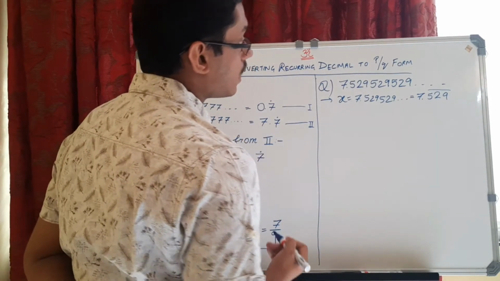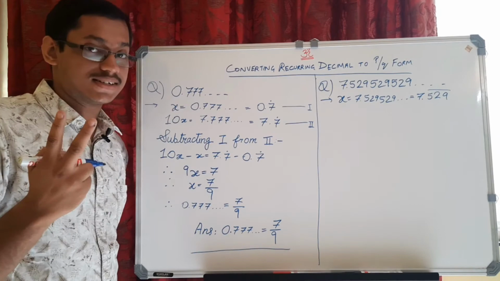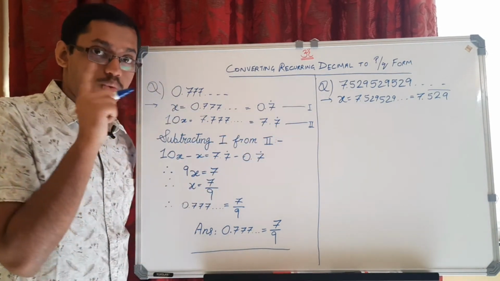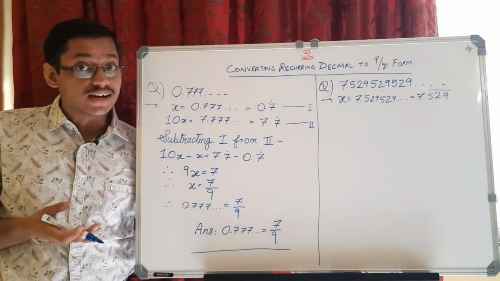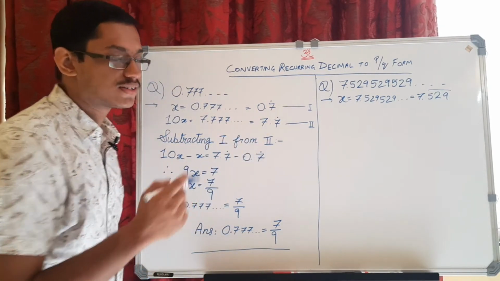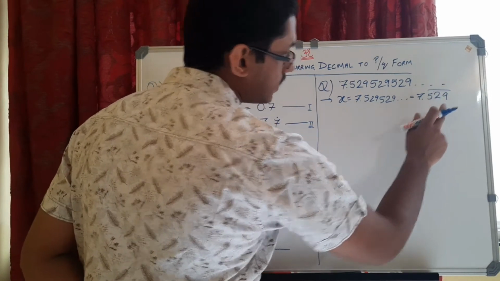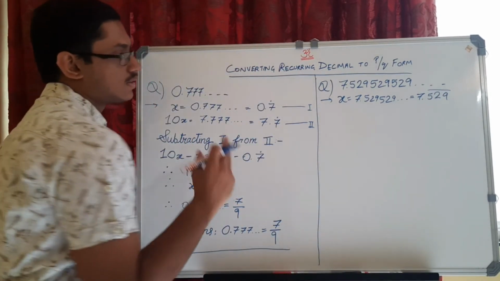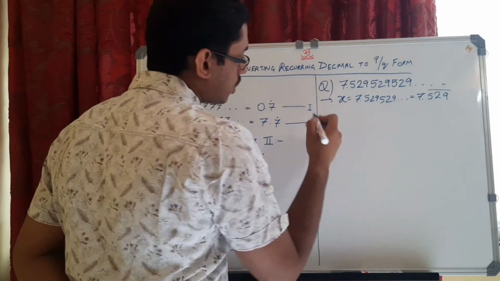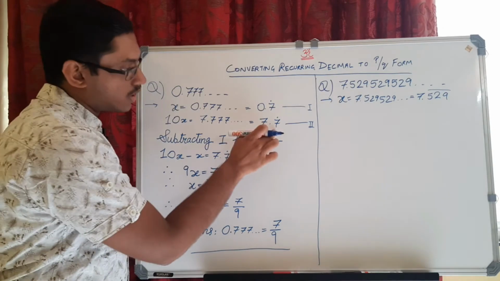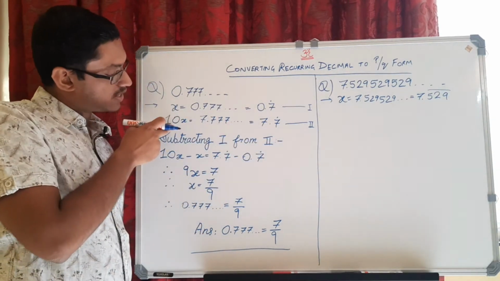Okay. Now see, what was the second target? The second target was to bring this pattern once to the left side of the decimal point. There are 1, 2, 3 digits. Okay, 3 digits are there. So what will we have to do? Will we multiply it by 10? No, in the previous question only 1 digit was there, hence we multiplied it by 10.